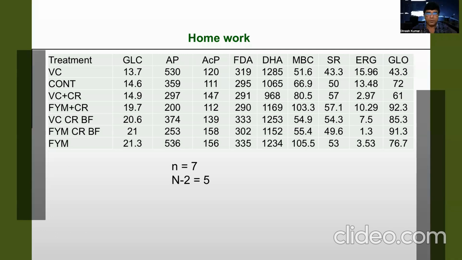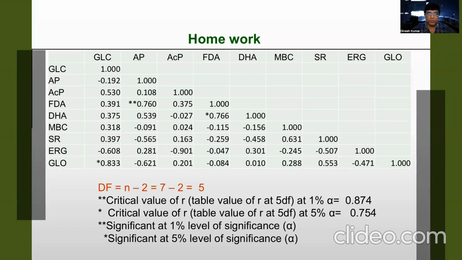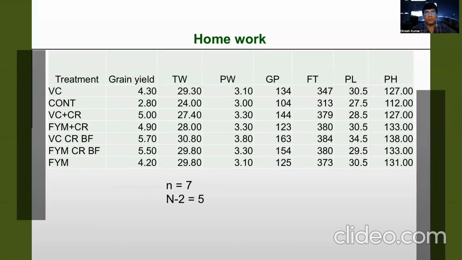So this is your homework, and this is the solution of your homework. You can check your solution. And one more homework, you can practice more. This is grain yield, and these are different yield attributes: test weight, that is 1000 grain weight, panicle weight, grain number per panicle, fertile tillers, panicle length, and plant height.